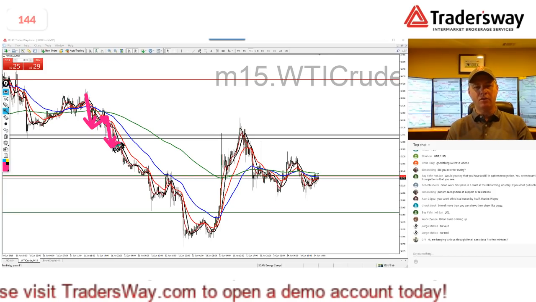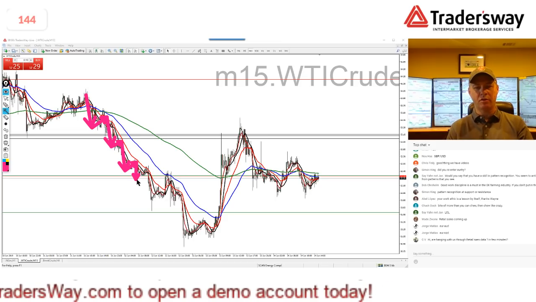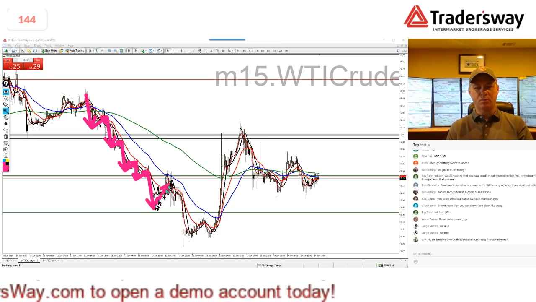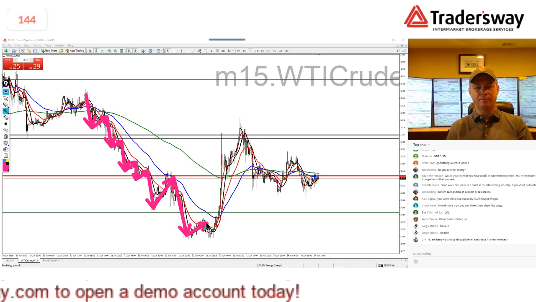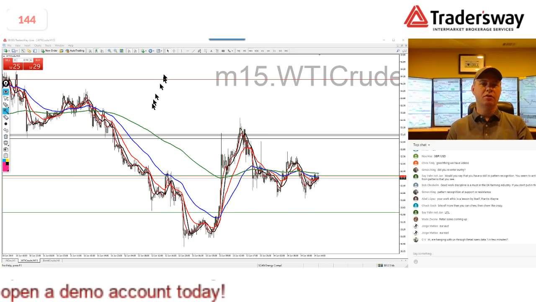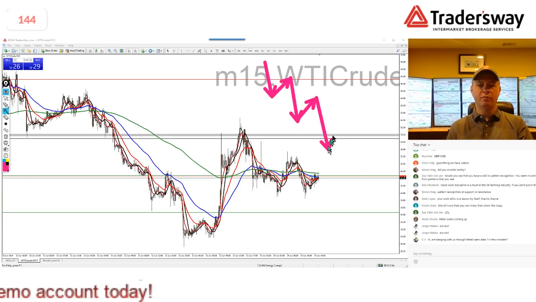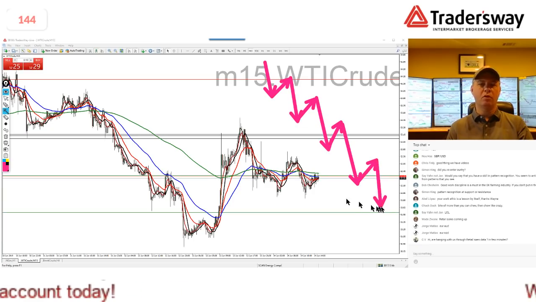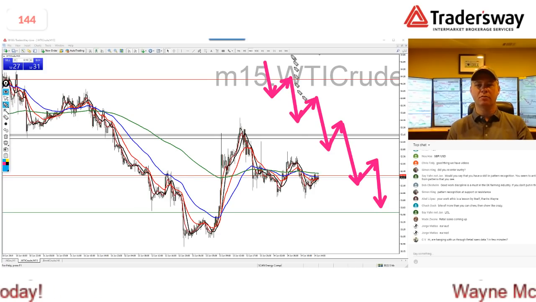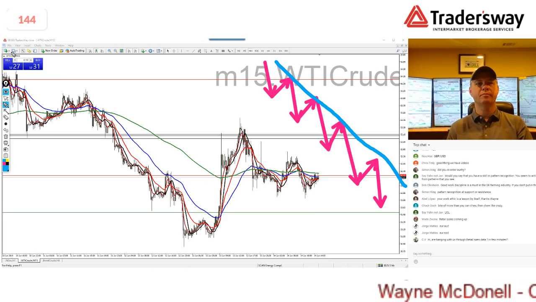And very often, the way I describe it is it's coming back to the 21. So I don't describe it as price action per se, but they're sort of one and the same. You're either using fibs, or you're just trading it back into the moving average. Whatever, one and the same.